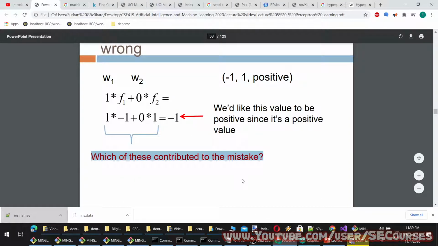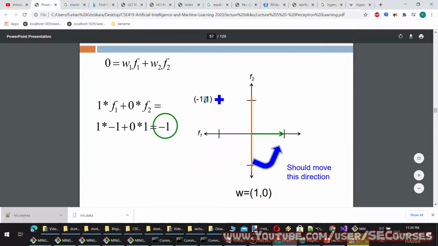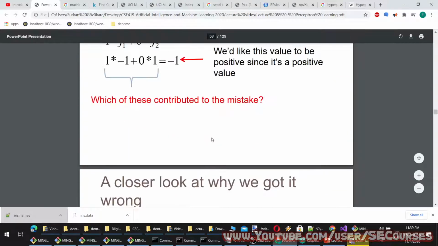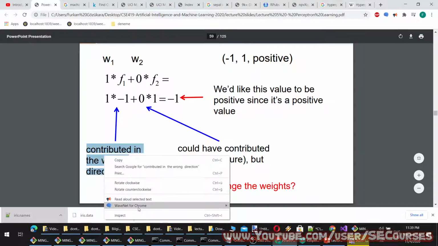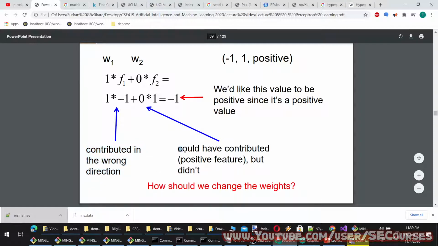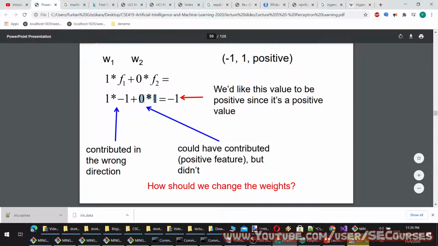Which of these contributed to the mistake? Our features are minus 1 and 1. So which one contributed to this mistake? The contribution came from W1 because the first attribute was -1. Therefore, W1 contributed in the wrong direction. The second could have contributed positively, a positive feature, but didn't.